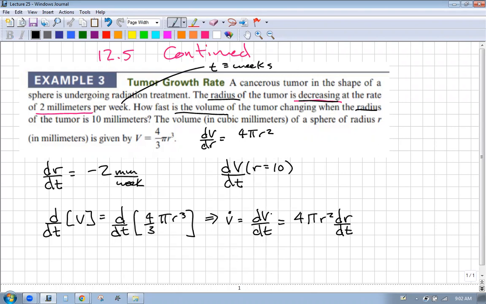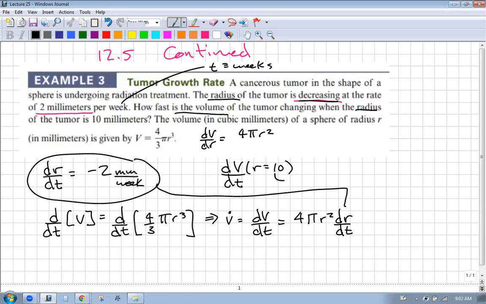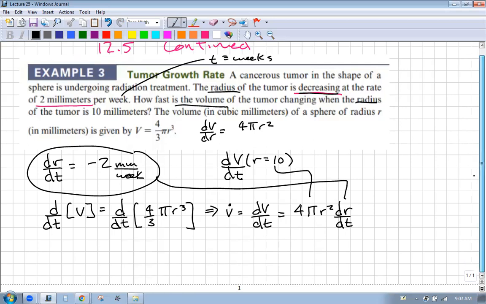So that's the rate of change of the volume at any given time. It depends on what the radius is and what the rate of change of the radius is. So they tell us what this is. Apparently this is constant. So we can just plug this in here and this in here. Okay.